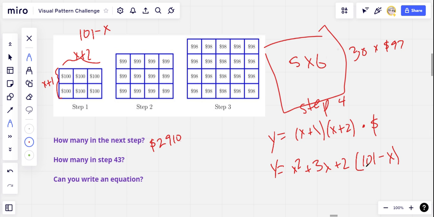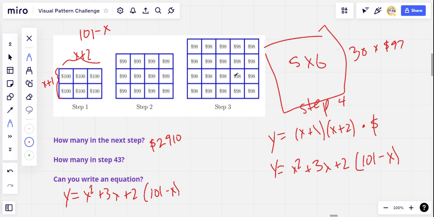So instead of multiplying this out, I think I'm going to leave it like this because it tells me a little bit more about what's really going on in the function anyway. So this is one of the more complicated equations we've had. So I'm just going to not complicate it further by leaving it like this. So 101 minus x. Okay. So I think we've got our complete equation.